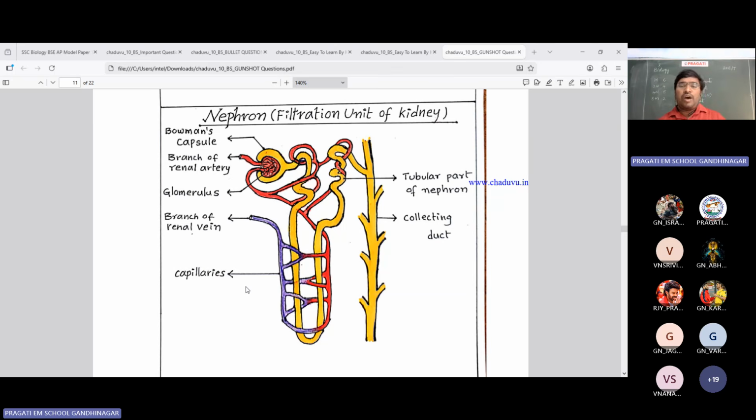See how the nephron is represented here: Bowman's capsule, glomerulus, and renal tubule up to the collecting duct. This is also one of the important diagrams, children. Try to practice this diagram also. This is very, very important.